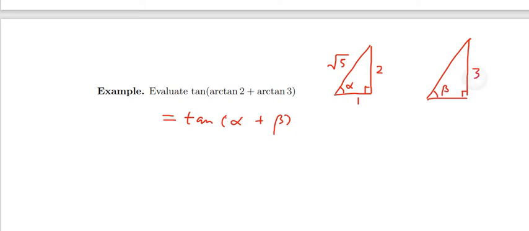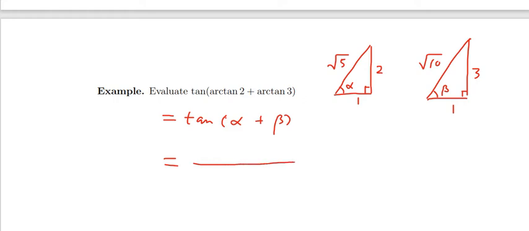So I put 3 here, 1 here. If this side is 3 and this side is 1, then use a squared plus b squared equals c squared. We find this one should be radical 10, right? 1 plus 9 is 10.